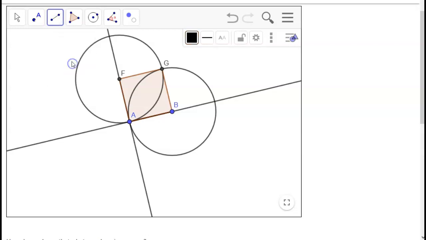So if you look at the line from A to G, remember that's called the diagonal, and a square has two diagonals. It's just a segment connecting opposite corners of that square.